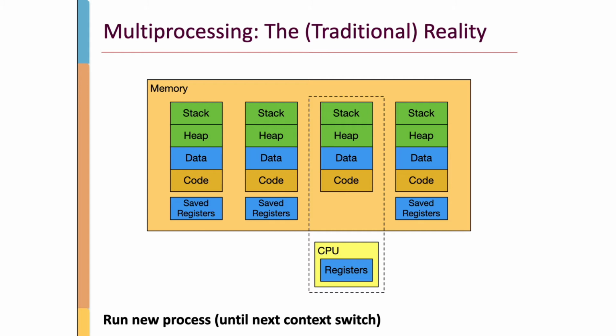A really common case is when a process is about to request some sort of long-running operation. So if this process that we started with had just made a request to get data from disk, we know that that's going to take a very, very long time compared to the execution of individual instructions.